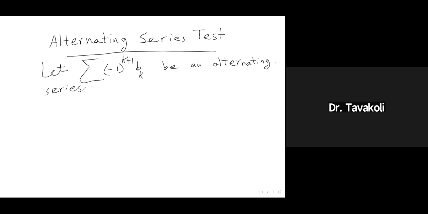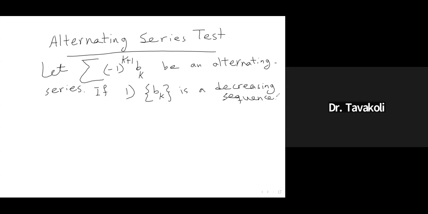Under two conditions, we can be assured that the series will be convergent. So if we have these two conditions: one, these bk's form a decreasing sequence. What is the meaning of a decreasing sequence?